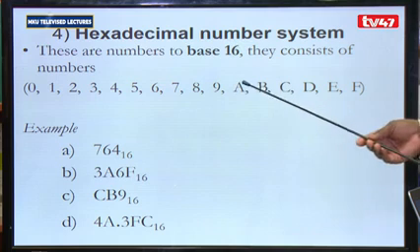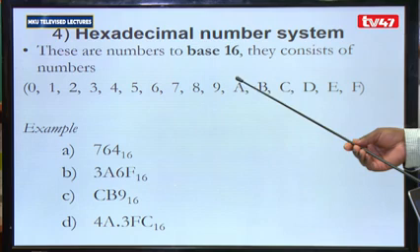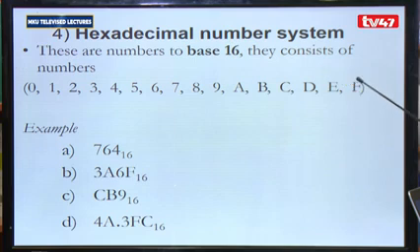So we use the alphabetical letters, A to represent 10, B to represent 11, up to F for 15. So equivalently it is 0 to 15, in a total of 16 numbers.